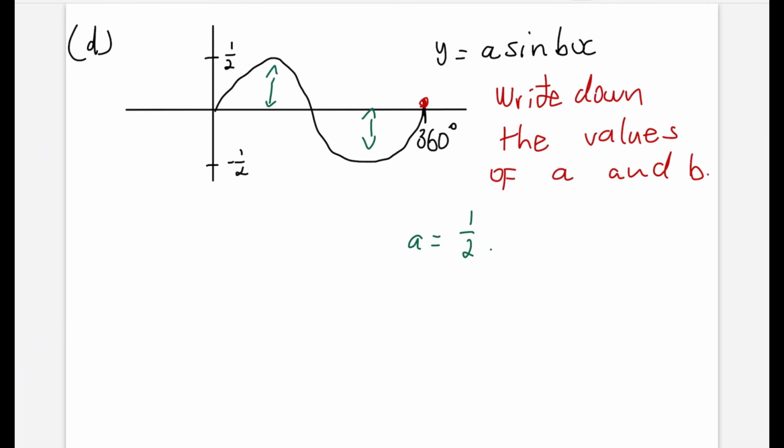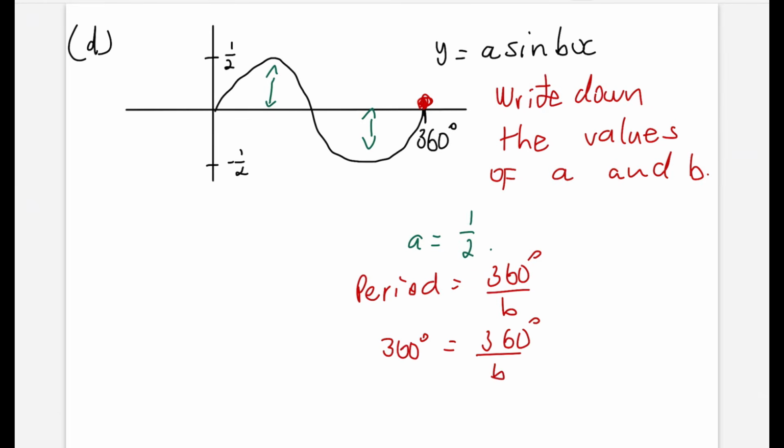Okay, and the period is 360, and we know that the period is always equal to 360 over b. So period is 360, so we have 360 is equal to 360 over b. So 360 times b is equal to 360. And if you divide both sides by 360, you would get that b is just 1.